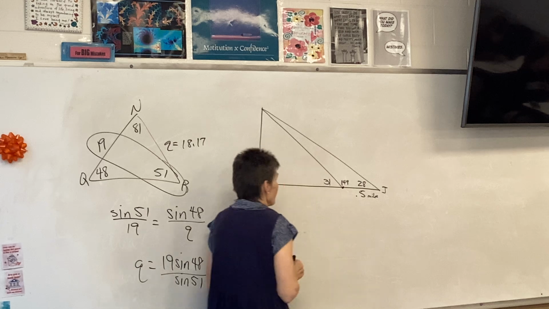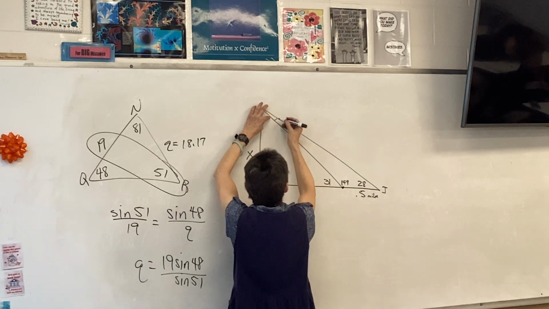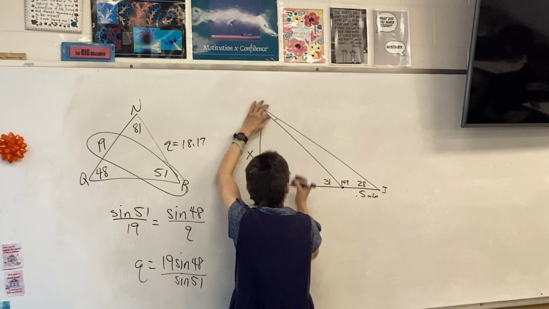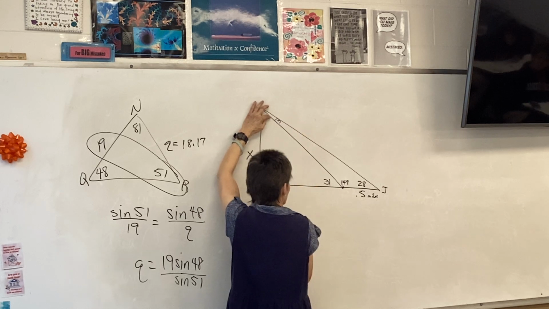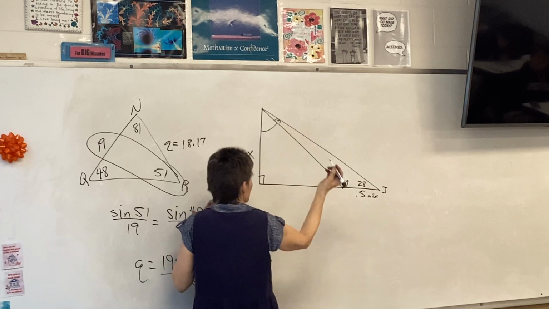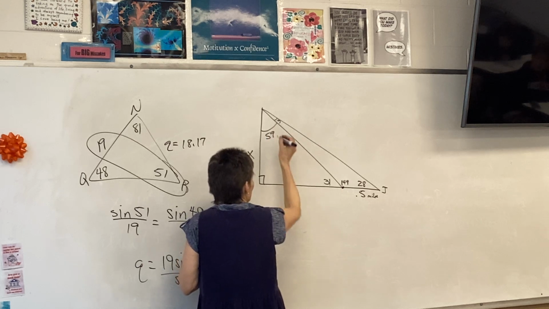Yeah. And then we can find this tiny one up here, which is 3. And we can find this one right here. If that's 31, this has gotta be 59.